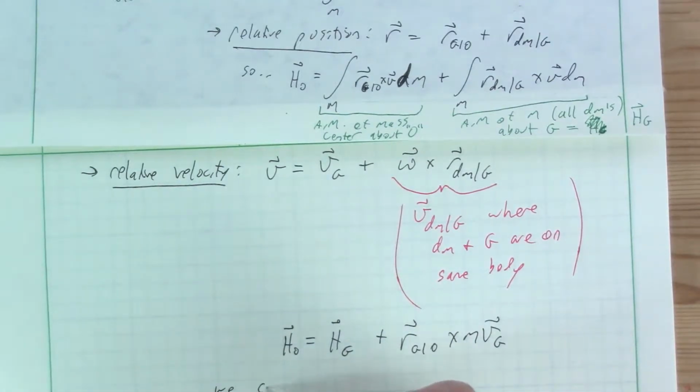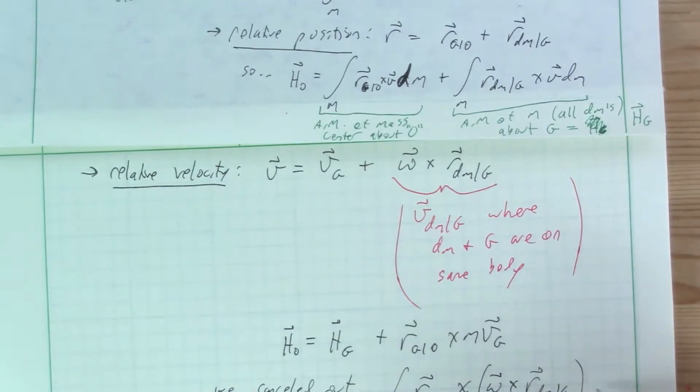We canceled out, it's not really canceled, we set it to 0, a term that looks like this: the integral of rg from O crossed into this component, omega cross rg dm.